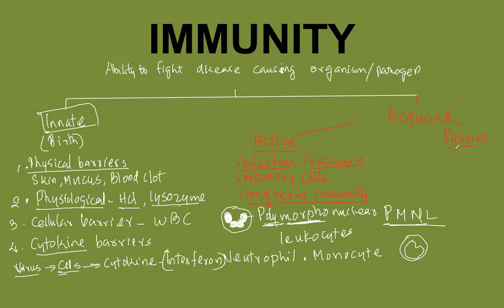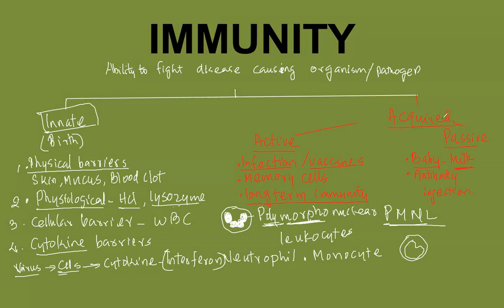How about passive immunity? Passive immunity we get from other sources. For example, babies get antibodies from mother's milk, like colostrum, or even through the placenta. This is passive, and doctors inject you with antibody injections. But these antibodies are made artificially, and naturally the baby gets the colostrum from the mother's milk.